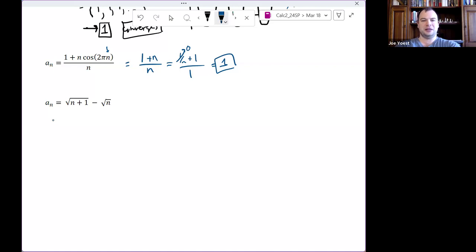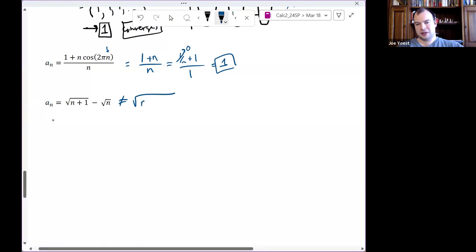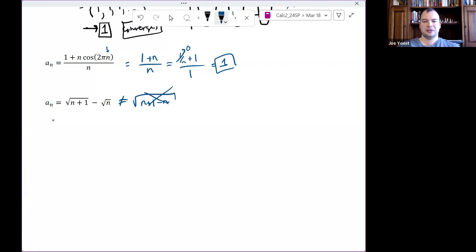We can't immediately do anything really algebraic with it. We certainly don't want to say this is root n plus 1 minus n or something like that. So what could we do? Well, again, if we remember back to Calc 1, we've seen limits kind of like this before. We've seen some derivatives like this before. We know multiplying by the conjugate sometimes helped. So let's try that here.